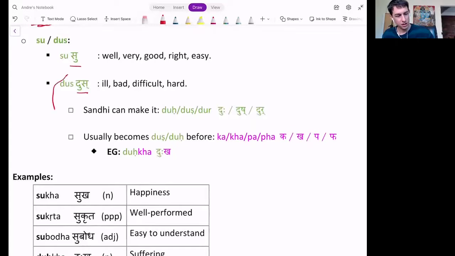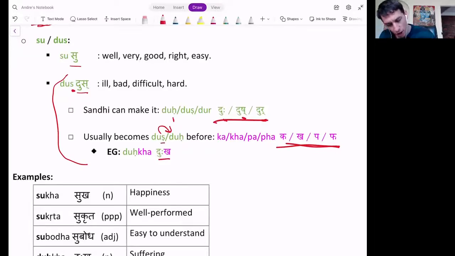Su and dus basically mean: su, well, very good, or easy; and dus, ill, bad, difficult, or hard. And dus has several rules. Because of this s, obviously you're going to have some sandhi changes. It can be duh with a visarga, it can be dush, or it can be dur. You'll see some examples now. The dus changes into either dush or duh before these letters.